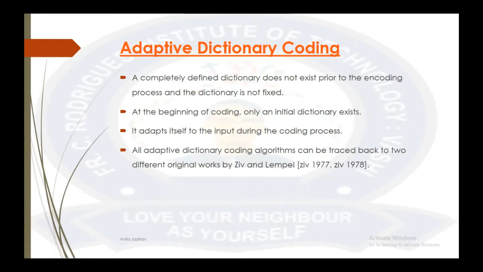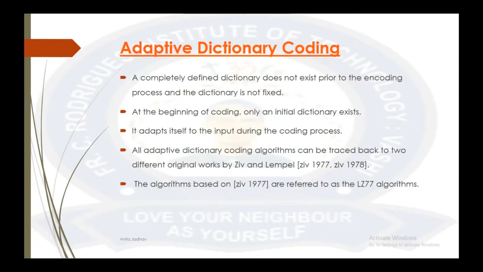All adaptive dictionary coding algorithms can be traced back to the two different original works of Ziv and Lempel. These people carried out their work in 1977 and 1978, so we are still working with their algorithms. It is a very simple process, and the decompression is also easy.